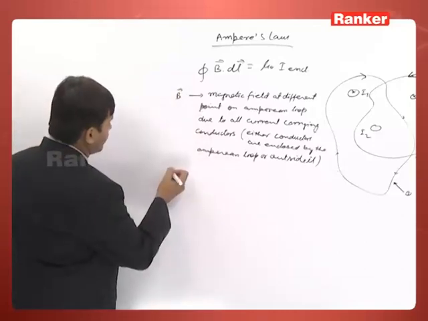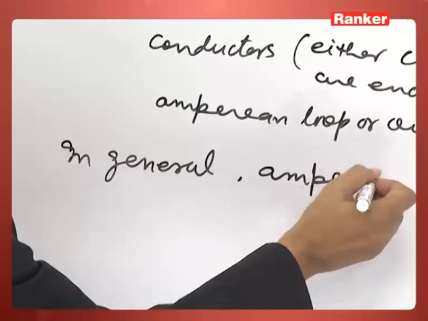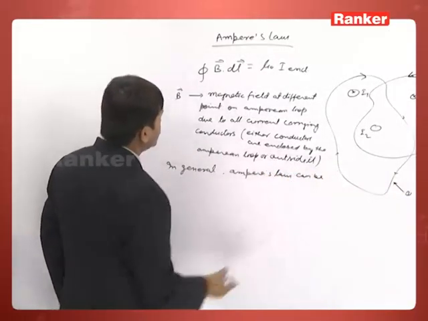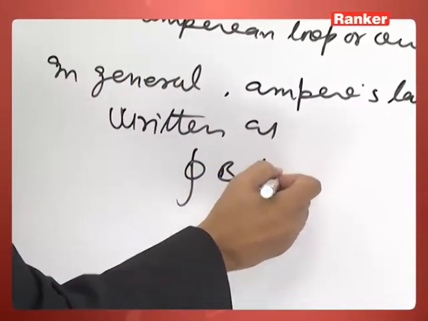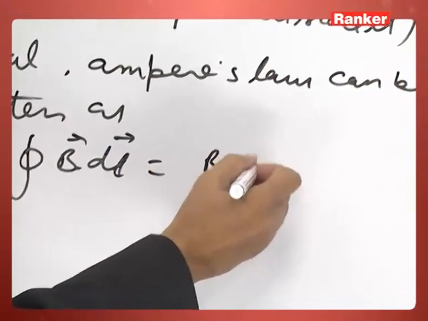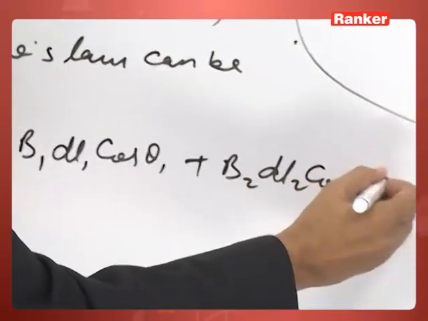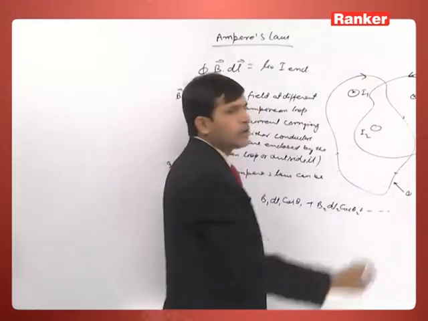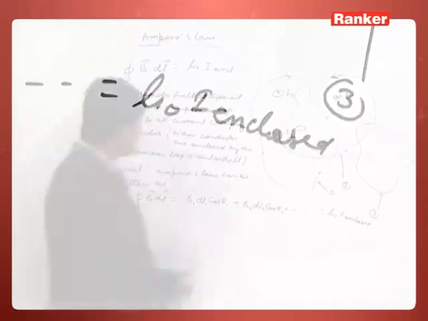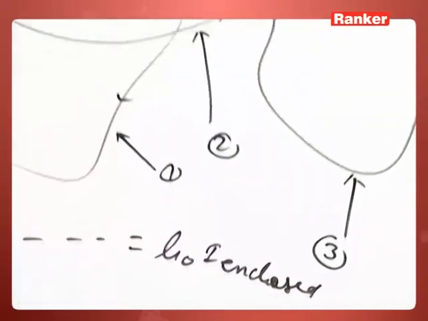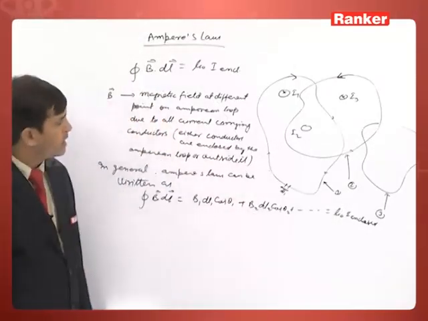So in general, Ampere's law can be written as B dot dl meaning B1 dl1 cos theta 1 plus B2 dl2 cos theta 2 and so on until the complete loop is covered, which is equal to mu naught I enclosed. The meaning of B1 dl1 is this: suppose we are following the first loop and we are here, and that is your dl1, a very small element in the loop.